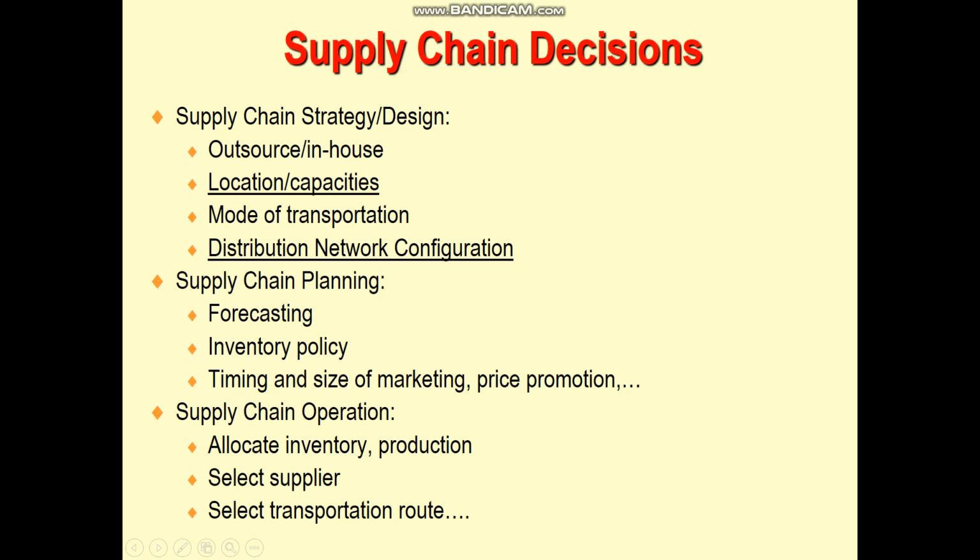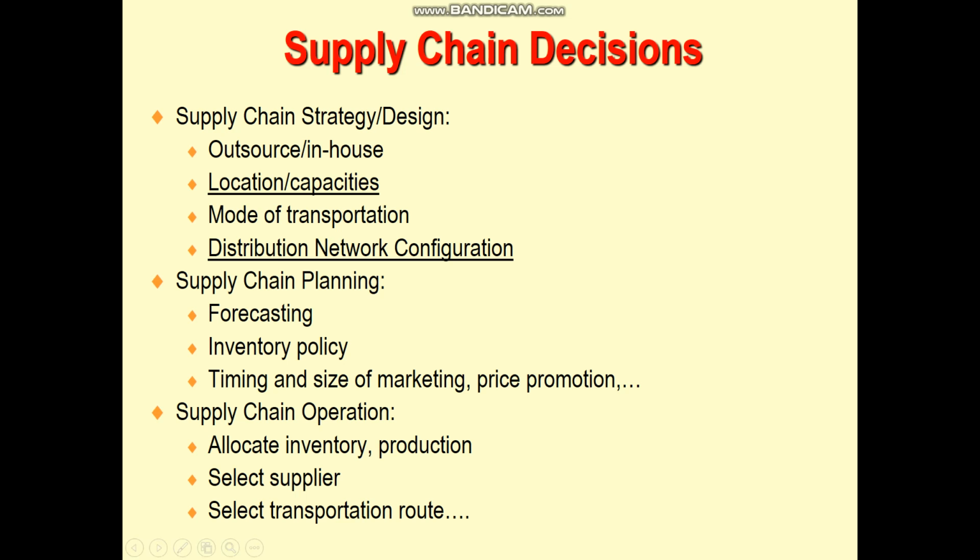We also decide what kind of transportation we should use to deliver the products, and the routing, the distribution network, and supply chain strategy. This design is a plan for a few years, a long-term plan.